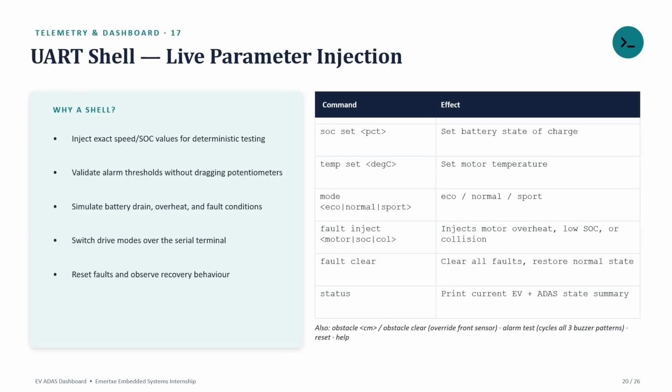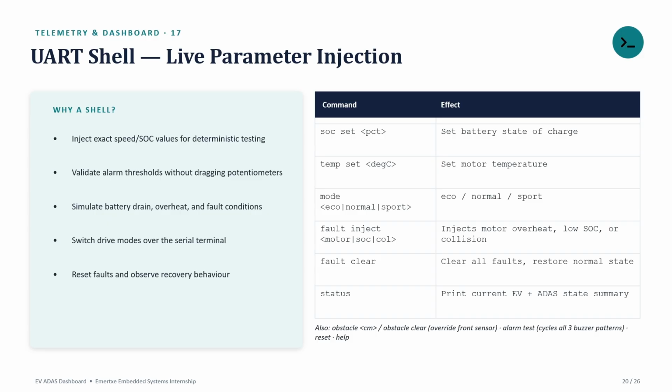Besides that, we also have some live parameter injection in the UR, which is normally not used, but in case we have to use it, like we don't have to use the Python dashboard, but see what happens when different kinds of values or states occur.